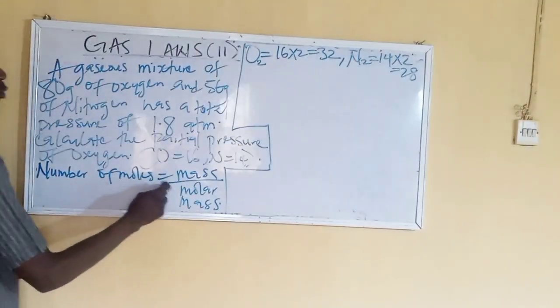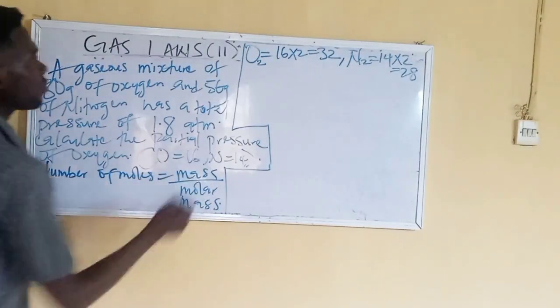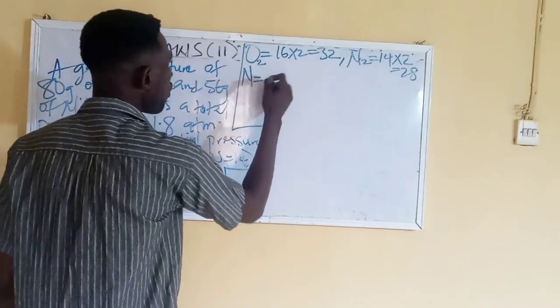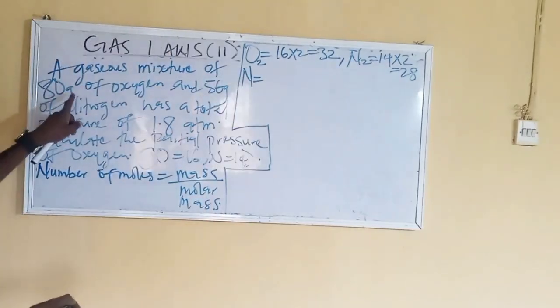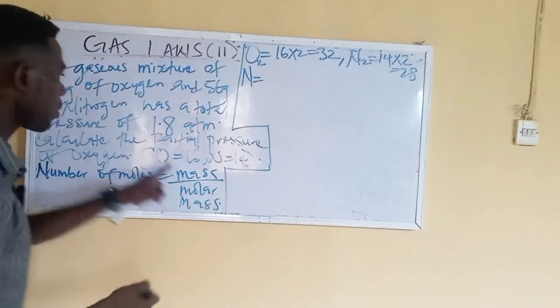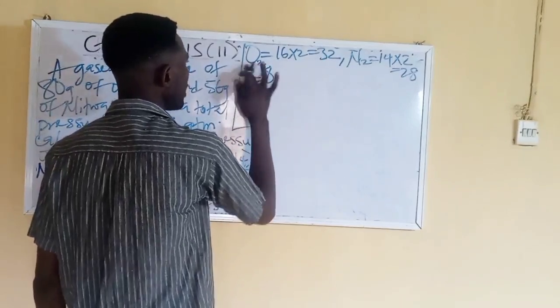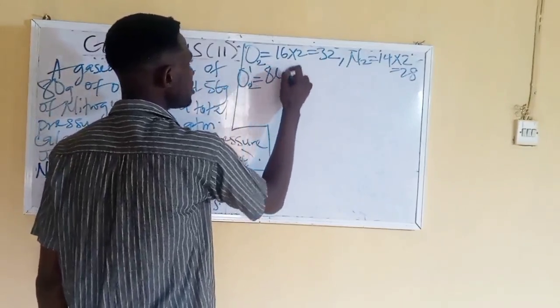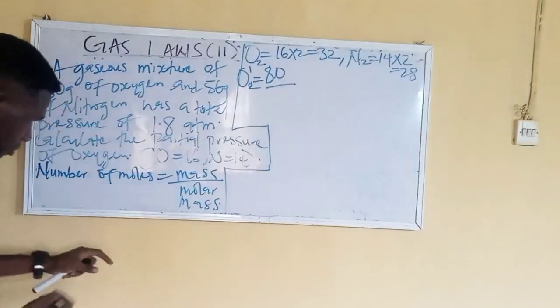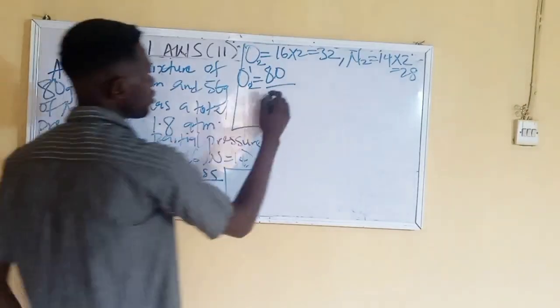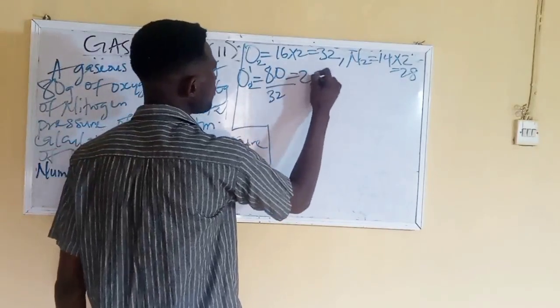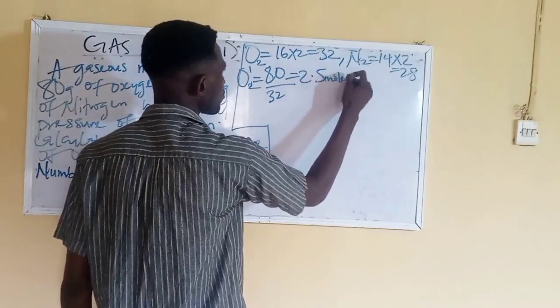I will now use number of moles equals mass over molar mass. For oxygen, the mass is 80 grams. So for O2, 80 divided by the molar mass, which is 32, gives 2.5 moles.